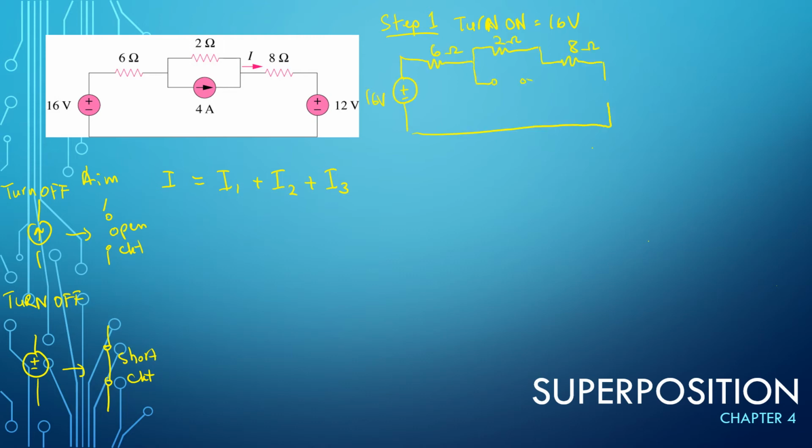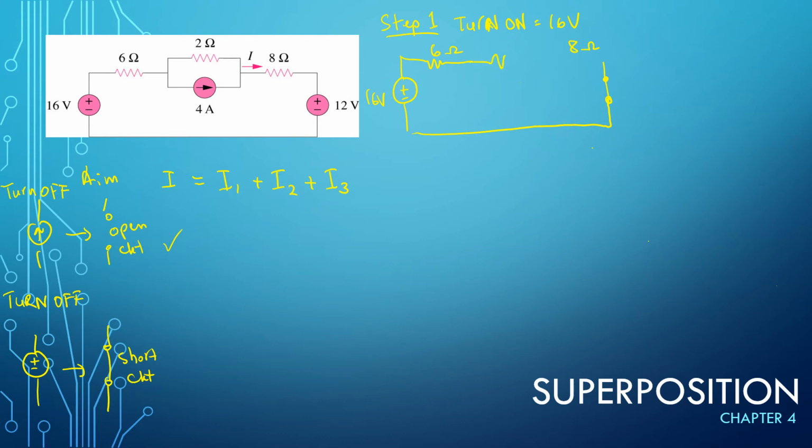You can replace this with an open circuit, because a current source can be turned off by replacing it with an open circuit. And for the voltage source, you can replace that with a shorted path. In a better way to draw this, you can maybe just put one line there.